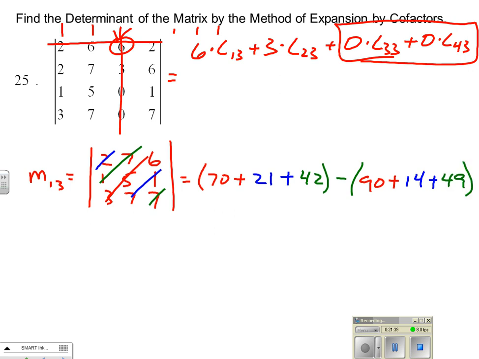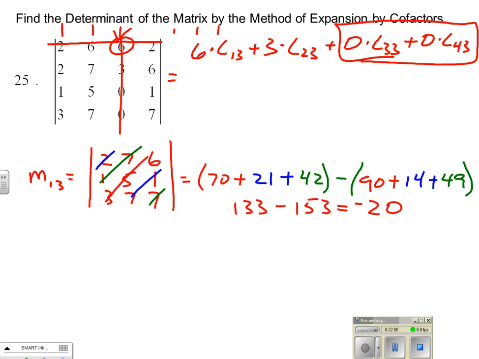49. Okay, so we end up with here 70, 21, 91, and 42, 133. Minus 90 and 14, 104 and 49, 153, we get negative 20.